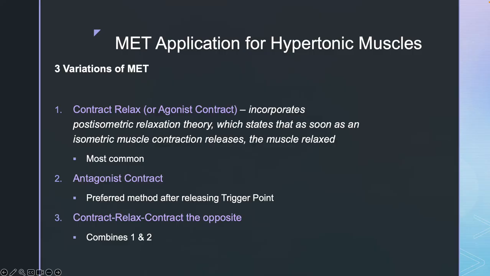So if you find a knot and you do trigger point release, you can do the antagonist contract. Or you can, like I said, combine the two. It doesn't matter which one you end on, but both are fun. I usually do number one. That is the go-to for me. I like that one. It's good. Good stuff.